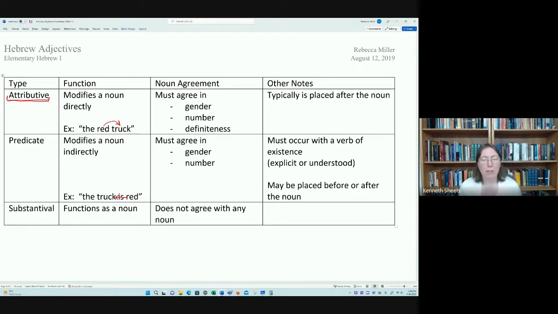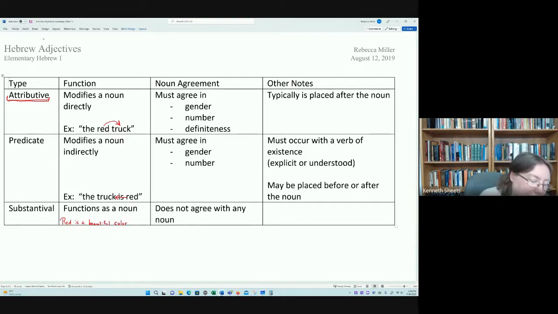But then we also have substantival adjectives, where the adjective is not modifying a noun, but it is itself the noun. Example that I like to use here: red is a beautiful color.